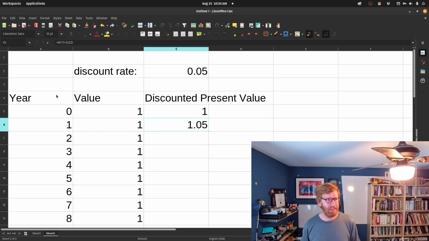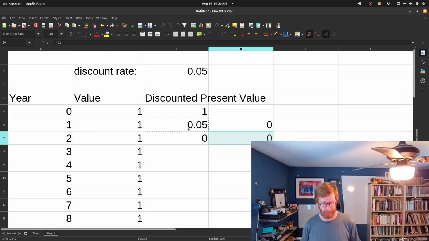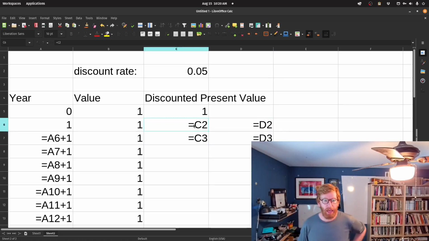Let me just give you a really quick Excel lesson right now. So if I say equals C2, I'm referring to the value in this cell. And then if I copy this and I go down a cell and I paste it, now I'm going to C3. And if I copy to the right or down, as I'm doing this, it moves the reference to the right or it moves the reference down as I'm copying this formula into these different cells.